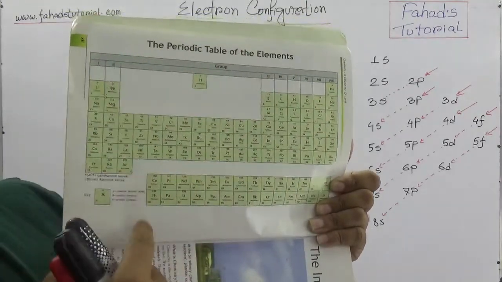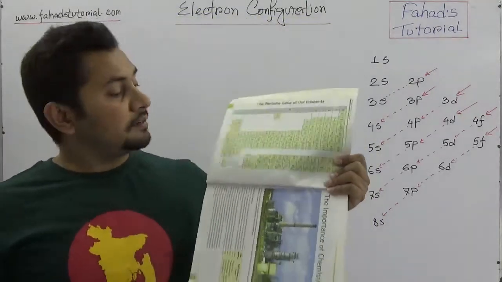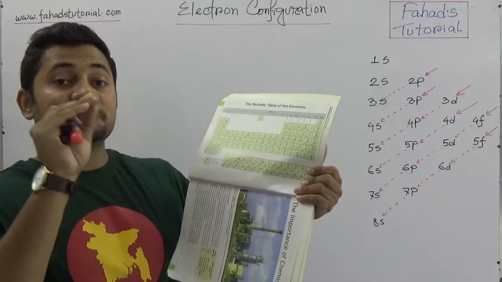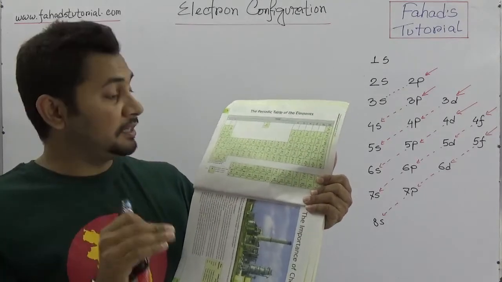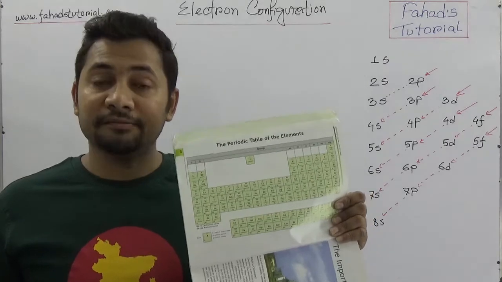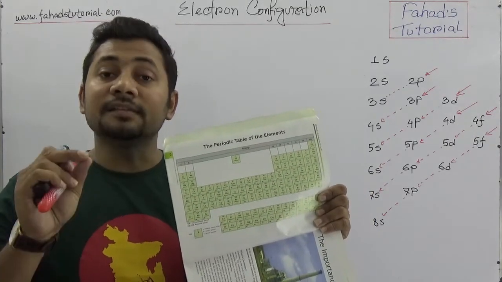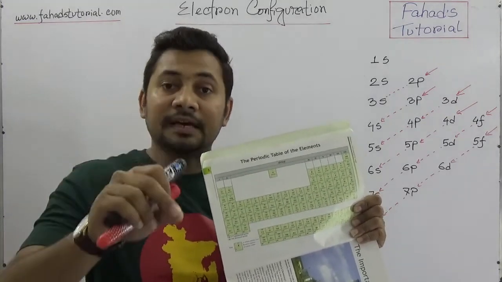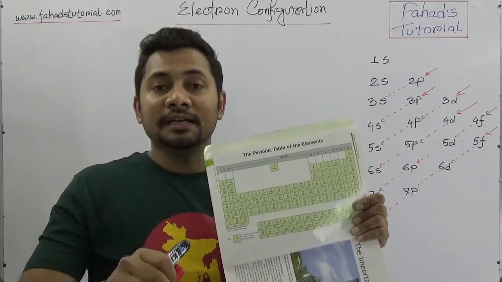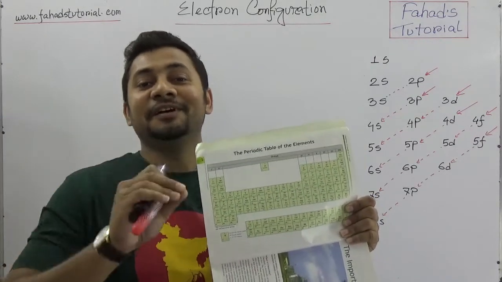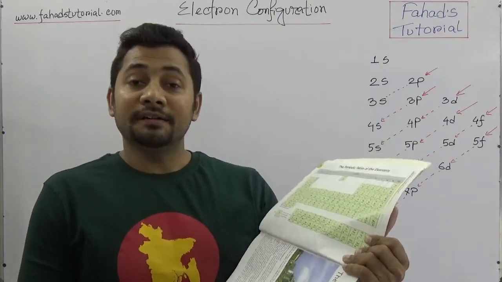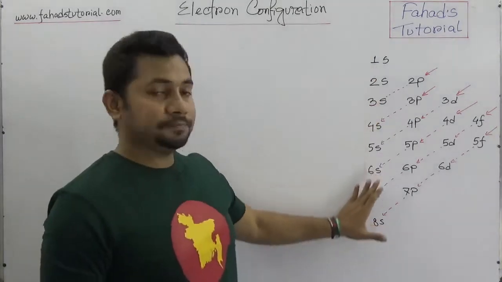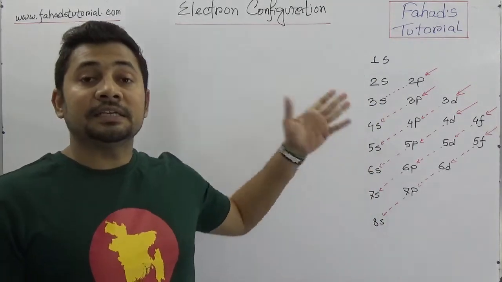Each element's proton number means that many protons are in the atom of that element, and that's why it is placed in a specific space of the periodic table.